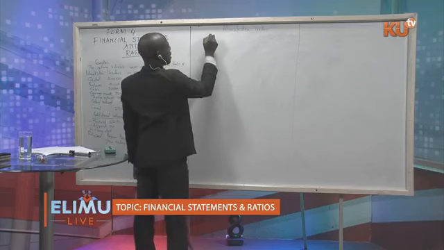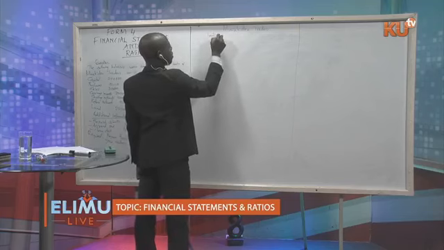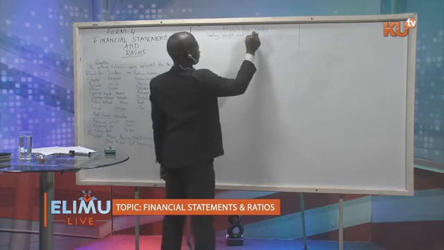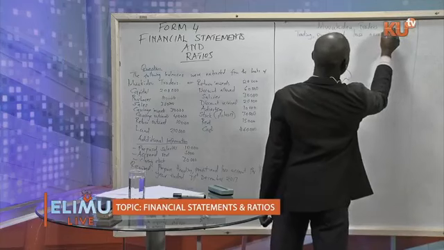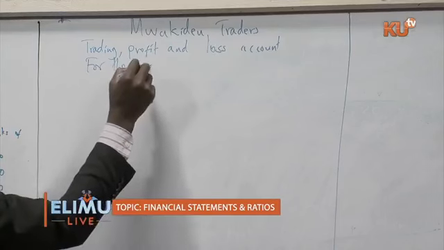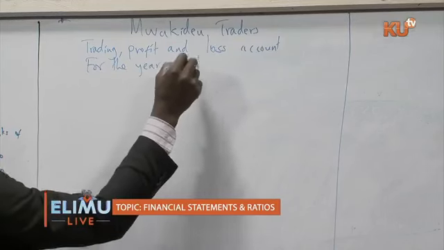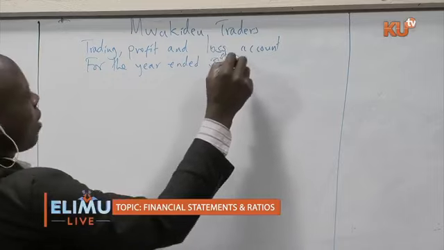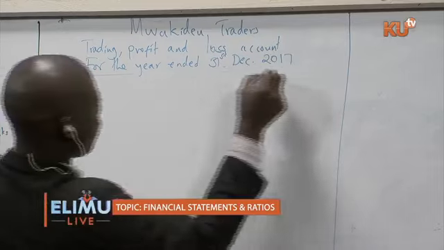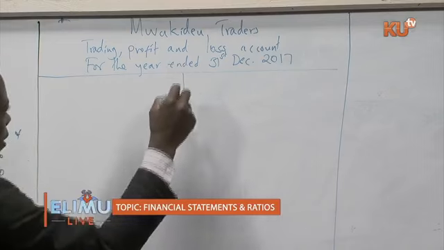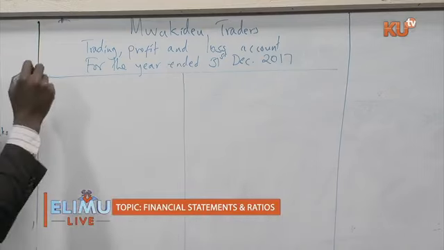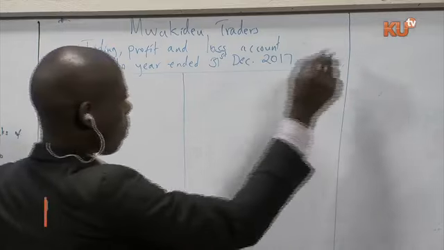The name of the statement is trading profit and loss account. We are preparing it for the year ended 31st December 2017. So let's see. We have the DR side and we have the CR side.